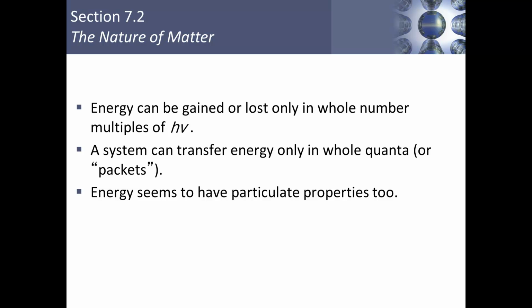The next big development for atomic structure came from Albert Einstein, who proposed that electromagnetic radiation was quantized, and he viewed waves as streams of particles called photons, where the energy of a photon is equal to Planck's constant times frequency, which is equal to Planck's constant times the speed of light over lambda.